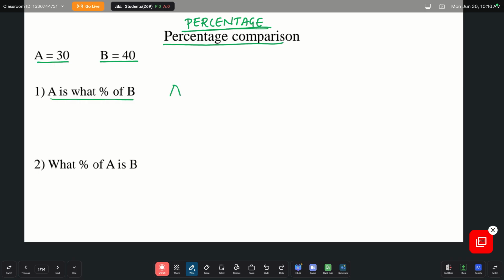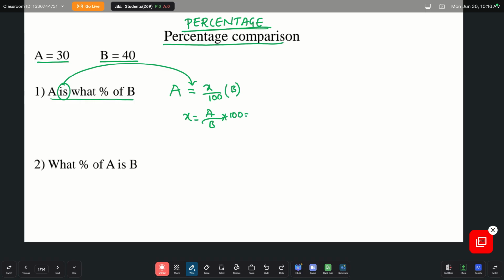A is equal to what? We don't know, so that is x. Percentage means per 100, and "of" means multiplication into B. We need to find the x value, where x equal to A by B into 100.